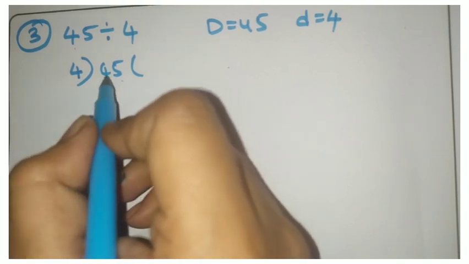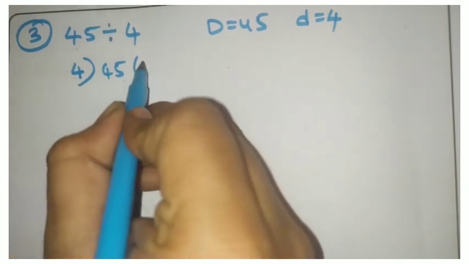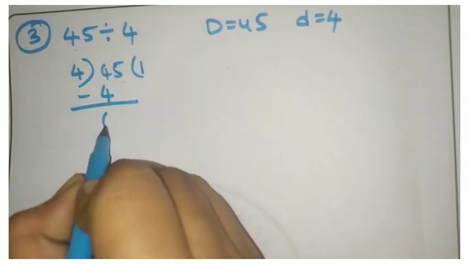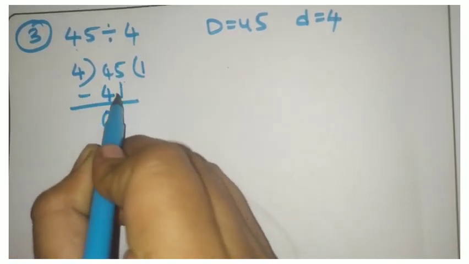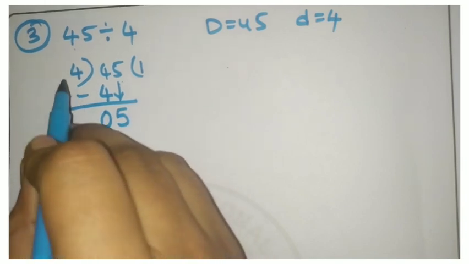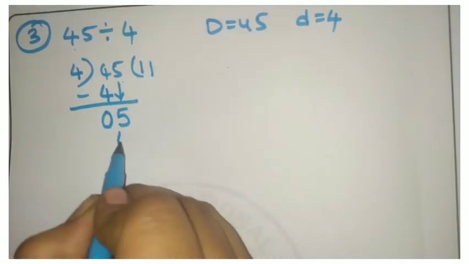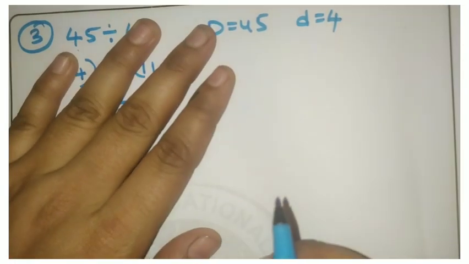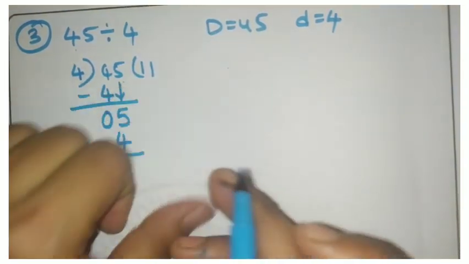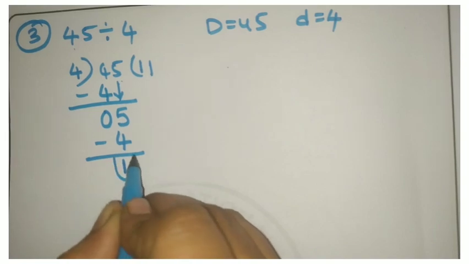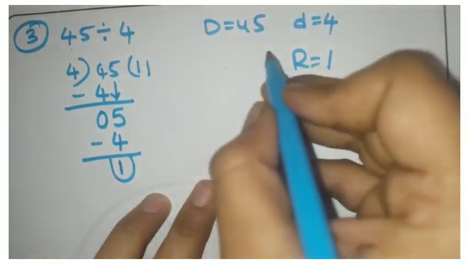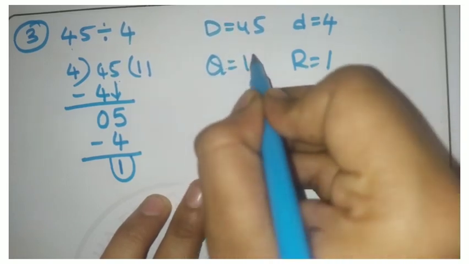To do this problem we have to use the 4 table. 4 1s are 4. 4 minus 4 is 0. Now we will take this 5 down. 4 1s are 4. 5 minus 4 is 1. Okay, so we got remainder r is equal to 1 and quotient is equal to 11.